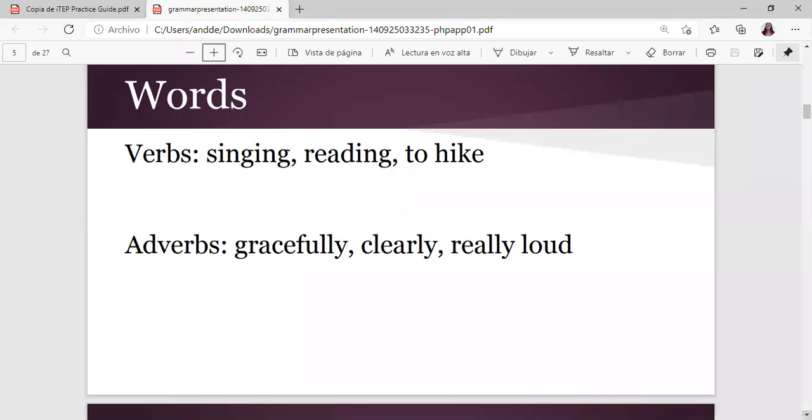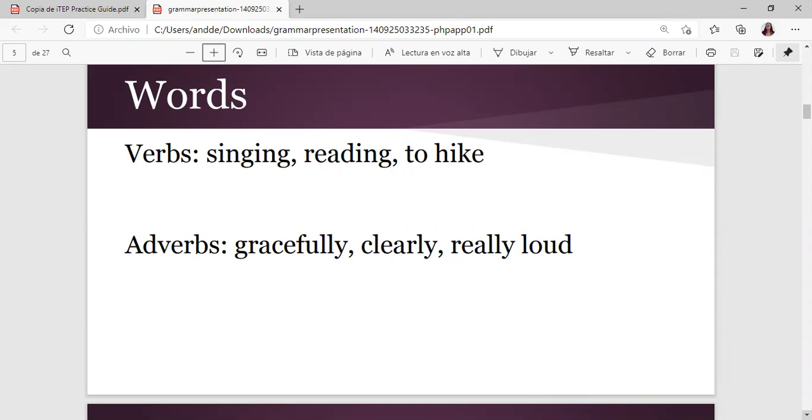You cannot really mix verbs in the same structure. You cannot start using verbs in past with verbs in present with verbs in participle. The same happens with verbs in -ing forms, singing, reading, hiking, or adverbs like gracefully, clearly, really loud.